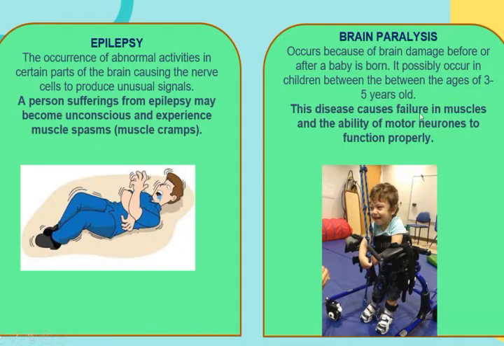This disease causes failure in muscles and the ability of motor neurons to function properly, whereby the muscle cells and motor neurons cannot function. So this is referred to children with brain paralysis. I think that's all.